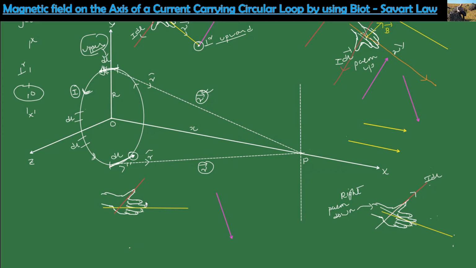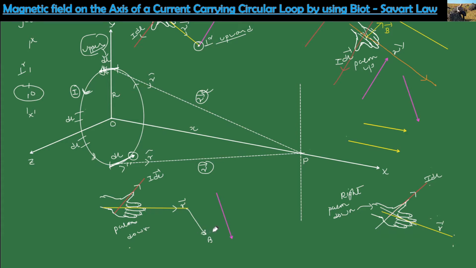This yellow colored line represents the direction of our R bar, the radius vector, and this is the direction of our IDL, the current element vector. Since your palm is facing down at that particular point P, the direction of dB will be downwards.